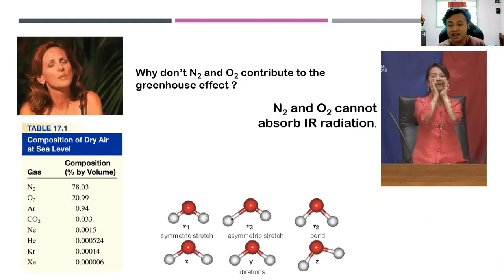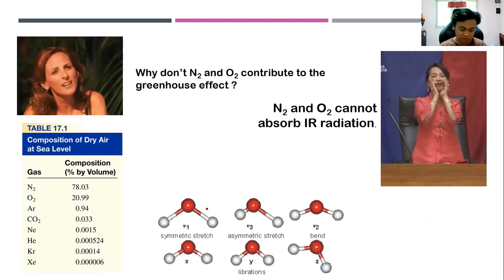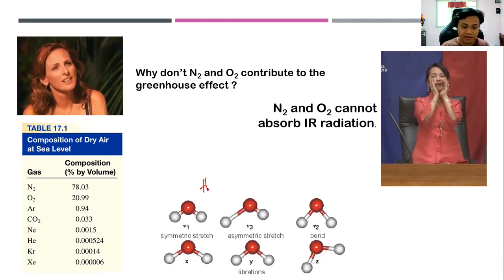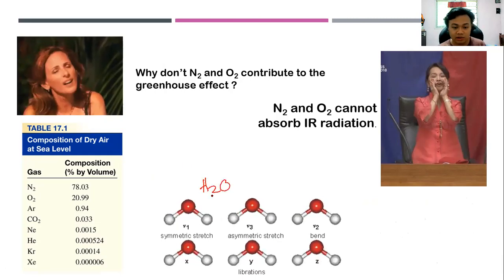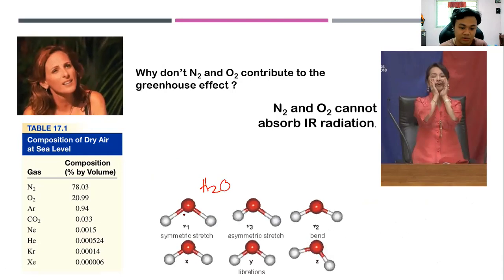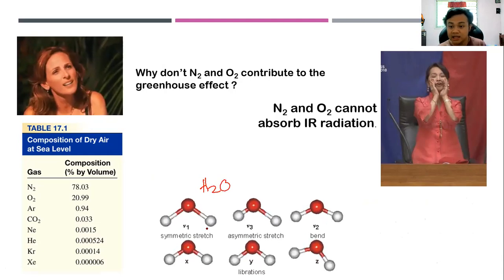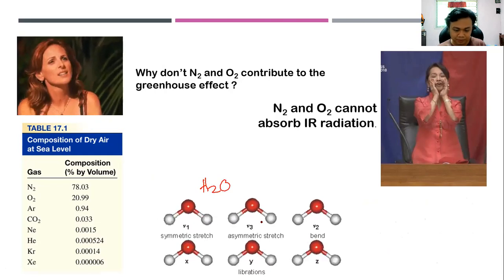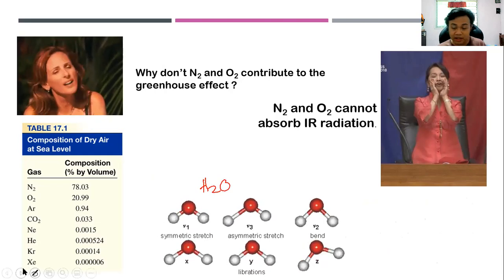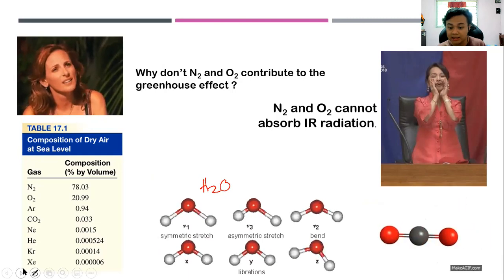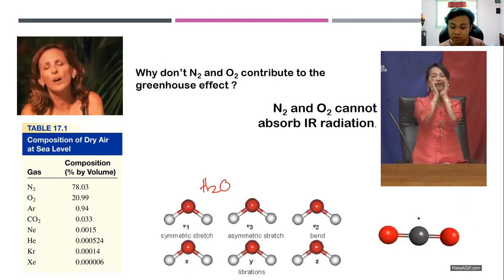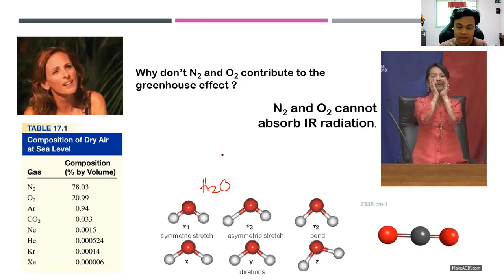This is a water molecule. Let me write that for you. This is the water molecule, with oxygen in the middle and these are the two hydrogens attached to it. And also water vapor and carbon dioxide. This is CO2.